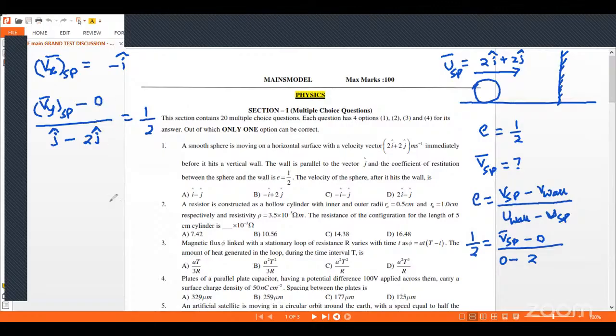So minus i cap plus 2 j cap. Vy bar of sphere will be 2 j cap. So it will be option 2.